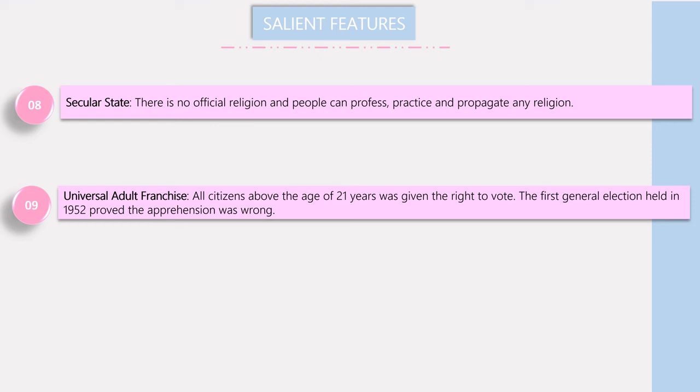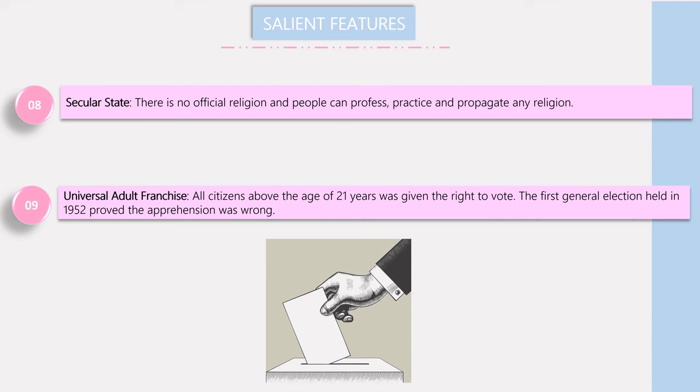The universal adult franchise is based on the principle one man, one vote. The voting rights are given to all citizens above the age of 21 years without discrimination.